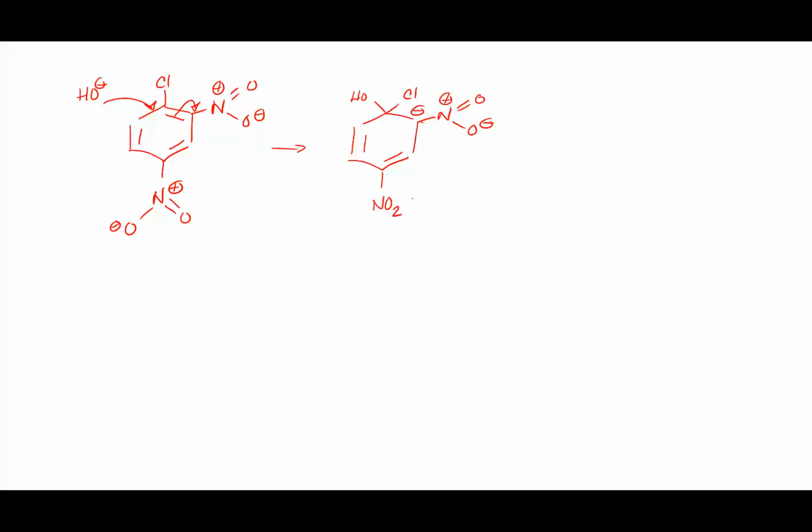Well, for the ring to reestablish aromaticity, you're down the road here. We want to stay where we're at. Well, then the double bonds would break between the nitrogen and the oxygen, moving the charge up to the oxygen, and then the negative charge would form a double bond with carbon and nitrogen and oxygen.